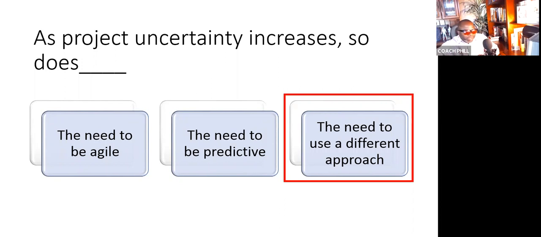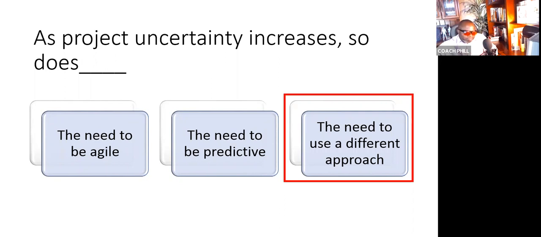Can you argue it and say, well, the need to be agile? You could be more agile, but you may not be entirely all the way to the far right of that Stacy model, or all the way to the far right of the continuum that the PMI has presented. So the best thing I was looking for is C. Could you argue that A is a plausible answer as well?